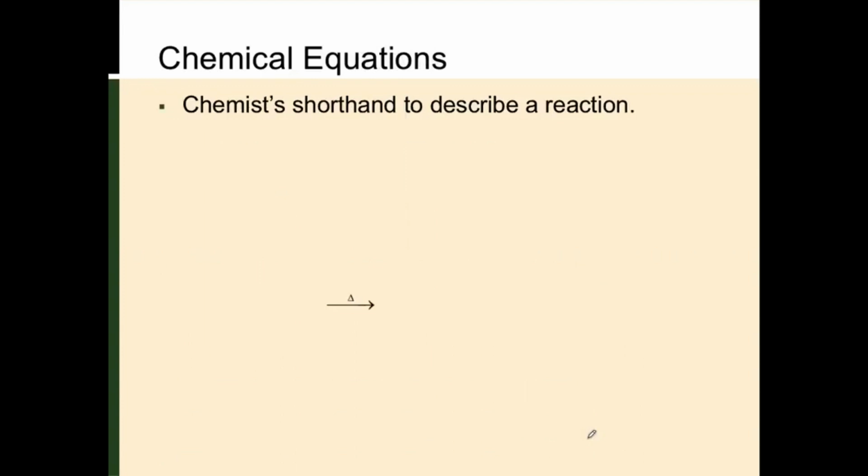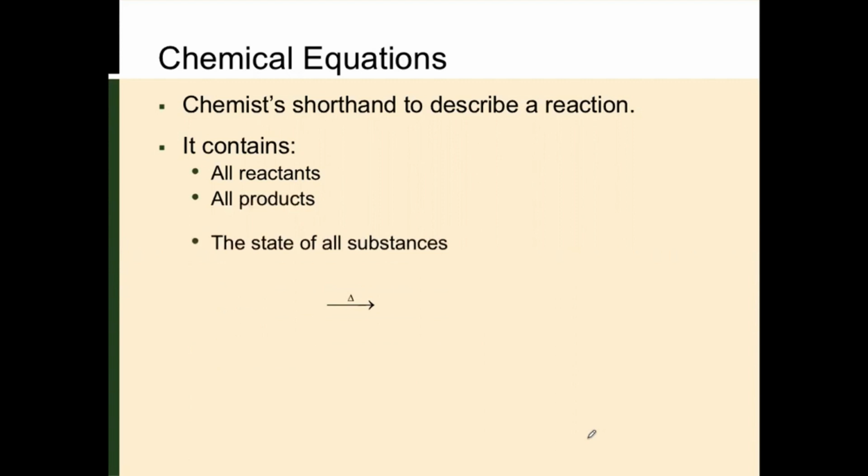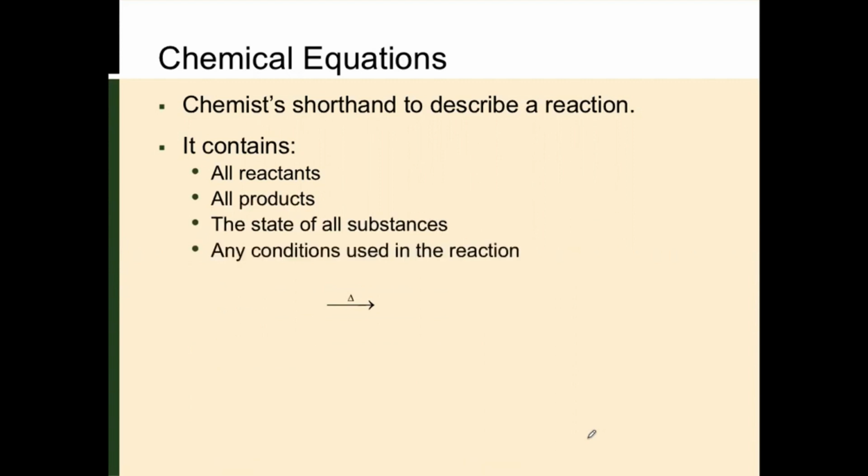Chemical equations are chemists' shorthand to describe a reaction. It contains all reactants, all products, the state of each, and any conditions used in the reaction. Here we have calcium carbonate being heated up.